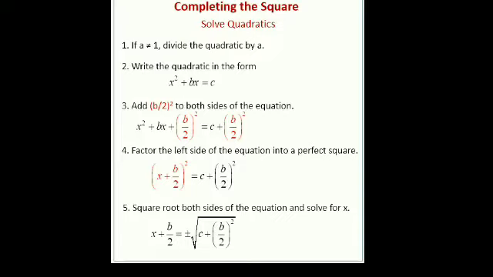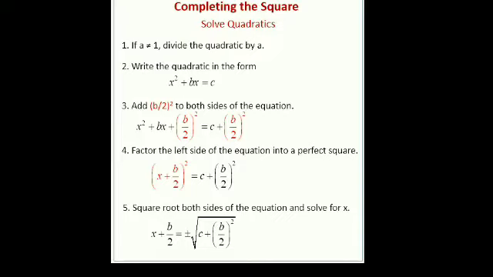That means x squared plus bx plus (b/2) whole squared equal to c plus (b/2) whole squared. Fourth step, factorize the left side of the equation into a perfect square: (x plus b/2) whole squared equal to c plus (b/2) whole squared. Last step is to square root both sides of the equation and solve for x. x plus b/2 equal to plus or minus the root of c plus (b/2) whole squared.